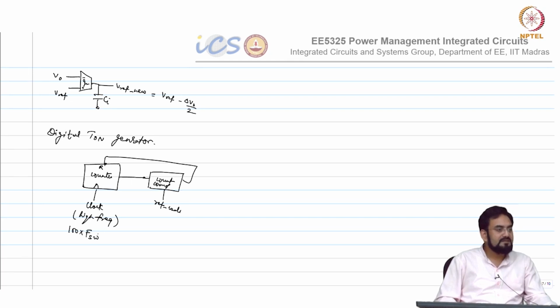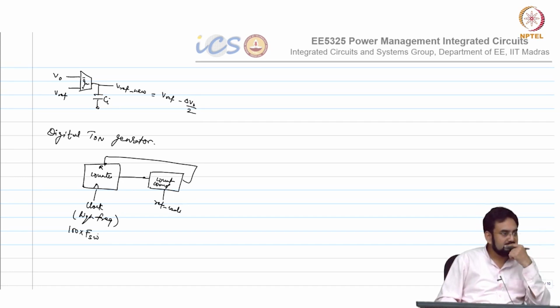What is the period of this 100 megahertz? It is 10 nanoseconds. So 100 nanoseconds means 10 cycles, so only 10 counts you require.